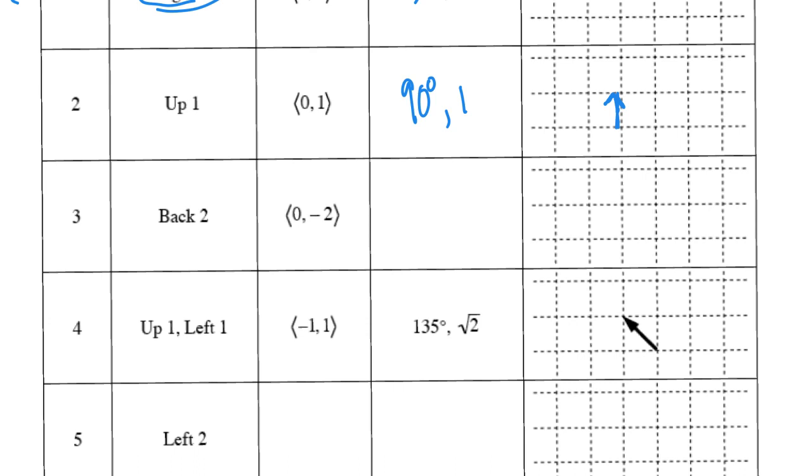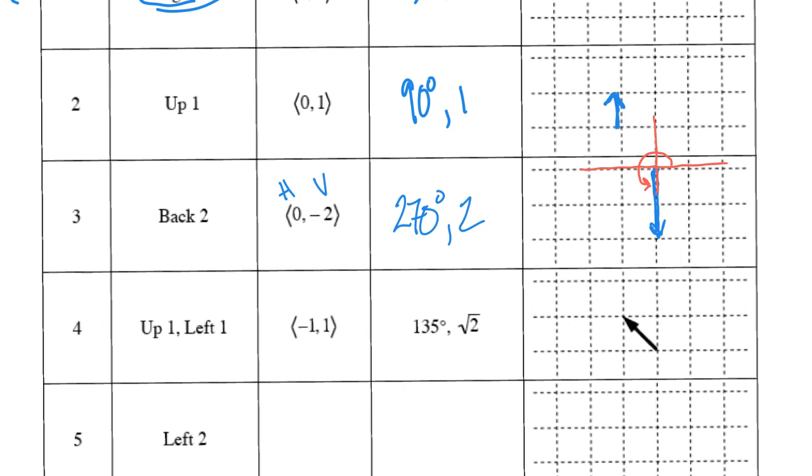Horizontal is 0 and my vertical is -2, which means we're just going to go down 2 units. Okay, so how do we write that? Well, if we went down, think about from the positive x-axis. So I know I didn't give you a grid here, and we won't give you a grid when you're drawing these just random vectors. What angle measure did we rotate through? Well, that's 270 degrees, and we went for 2 units.